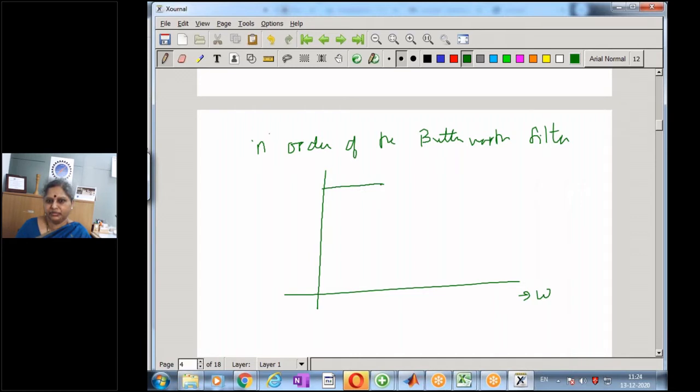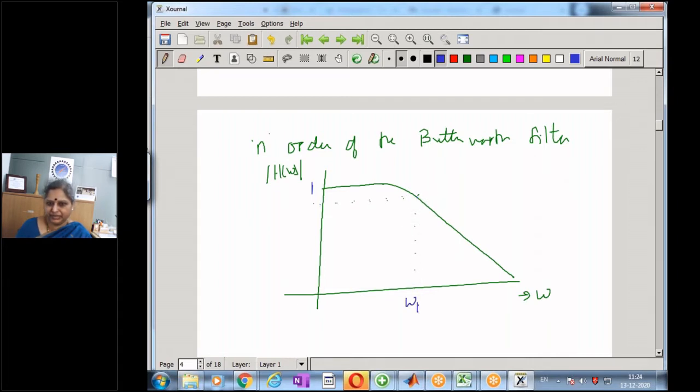Say this is my low pass filter transfer function, say H of omega, and say this has a magnitude of 1.